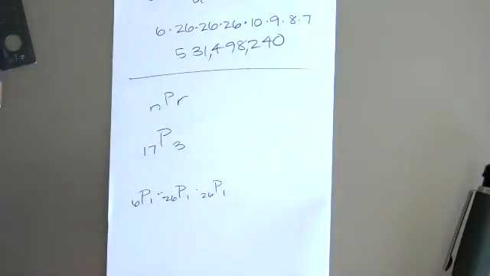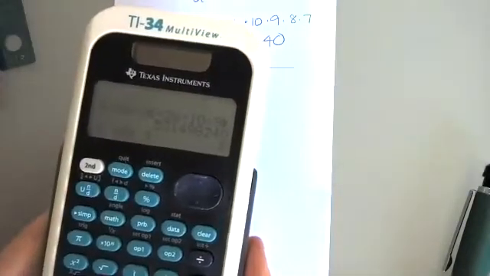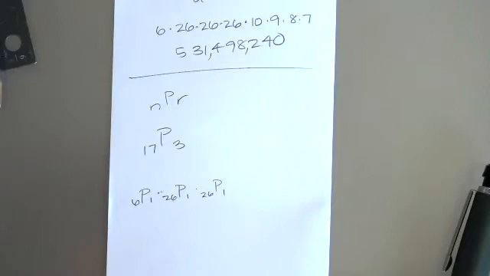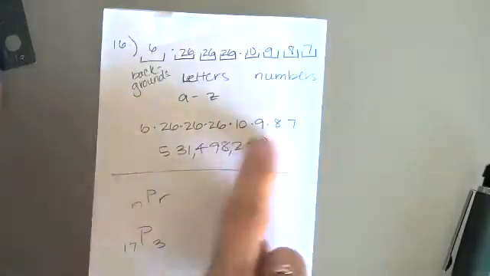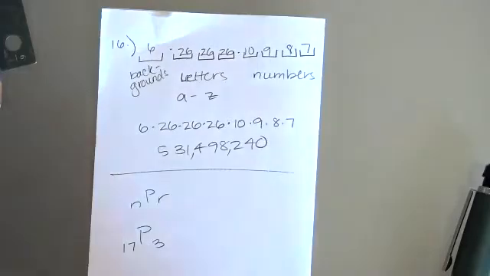I think 6P1 turns out just to be 6. Oh, so that's why you multiply 6 times 26 times 26, exactly. Even if we used it as a permutation, since it's only 1, we'd still end up with this. Okay, that makes sense. All right, cool.